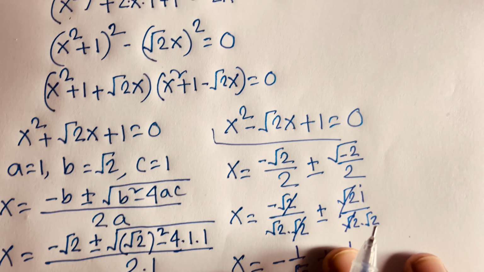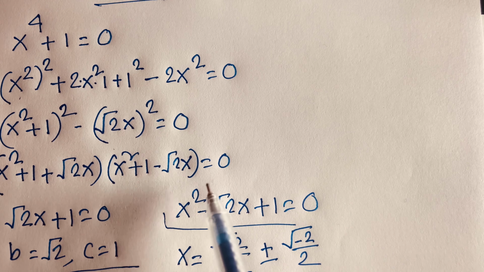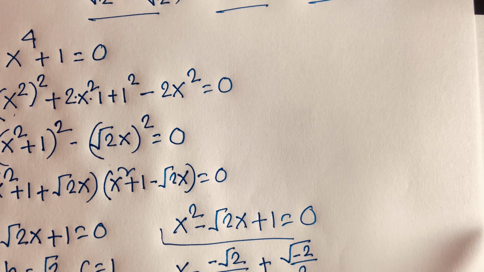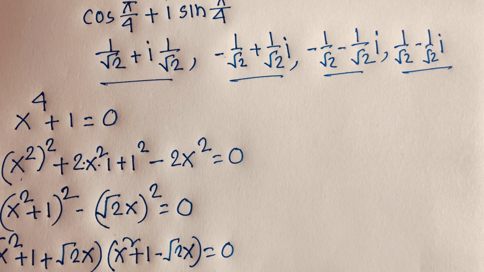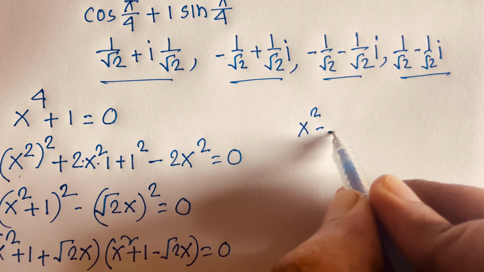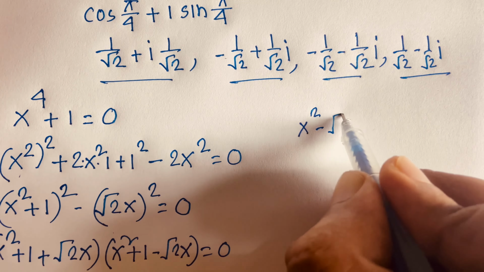Look, our other equation is x² − √2 x + 1. So again I can say x² − √2 x + 1 = 0.